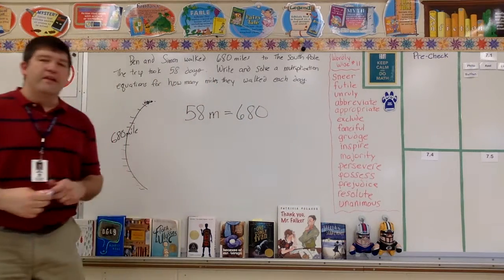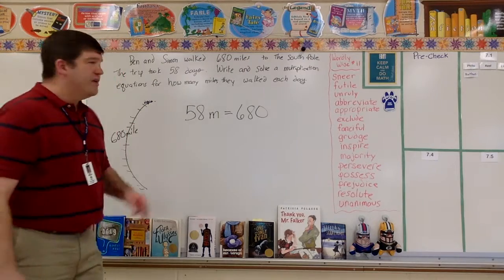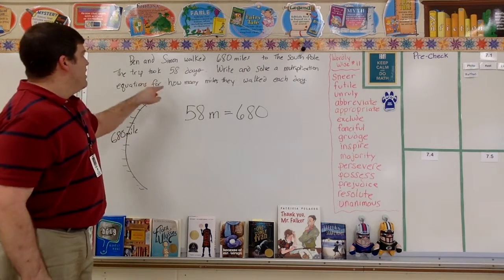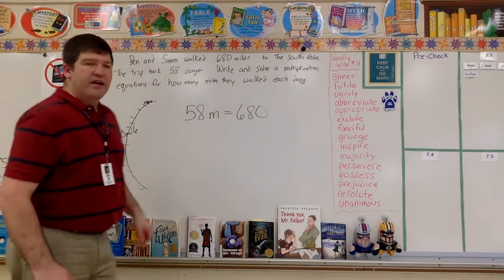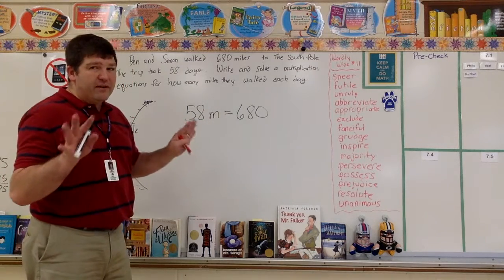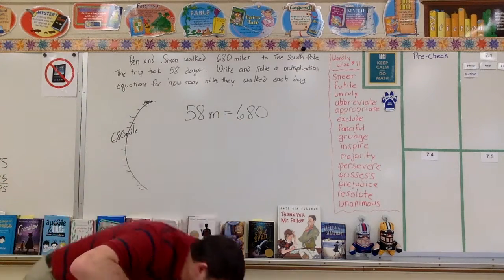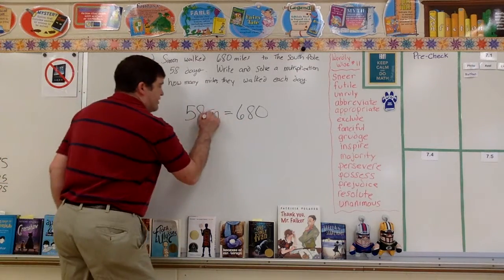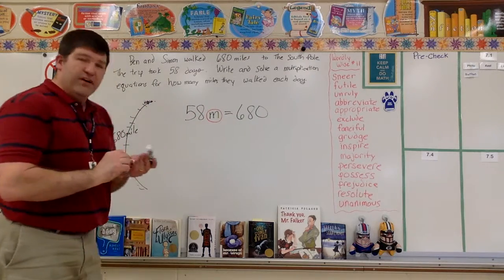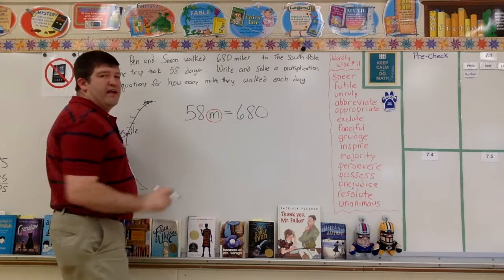All right, there you go. I just wrote a multiplication equation to help me solve how many miles they walked each day. 58 days times some amount of miles, I don't know what it is yet, equals 680. So now, circle my variable, and it's 58 times m.